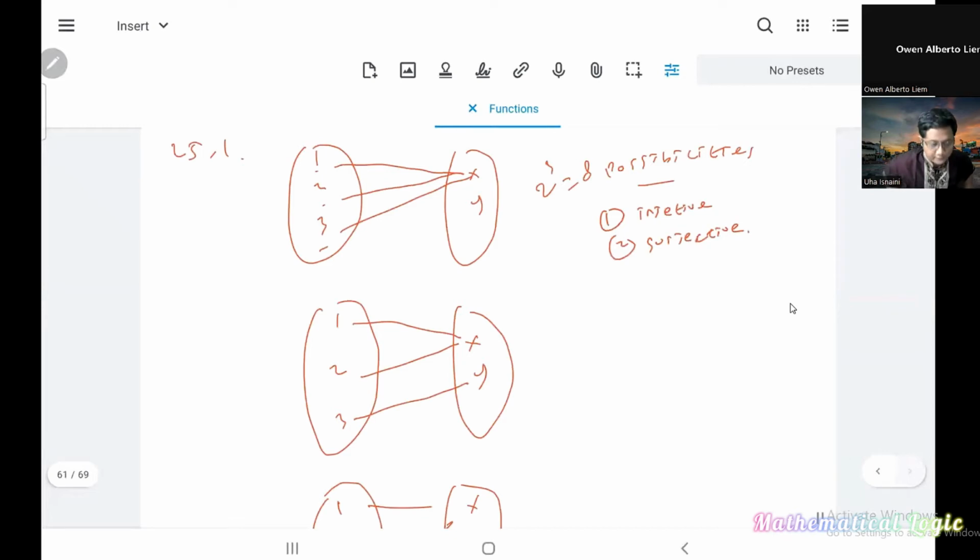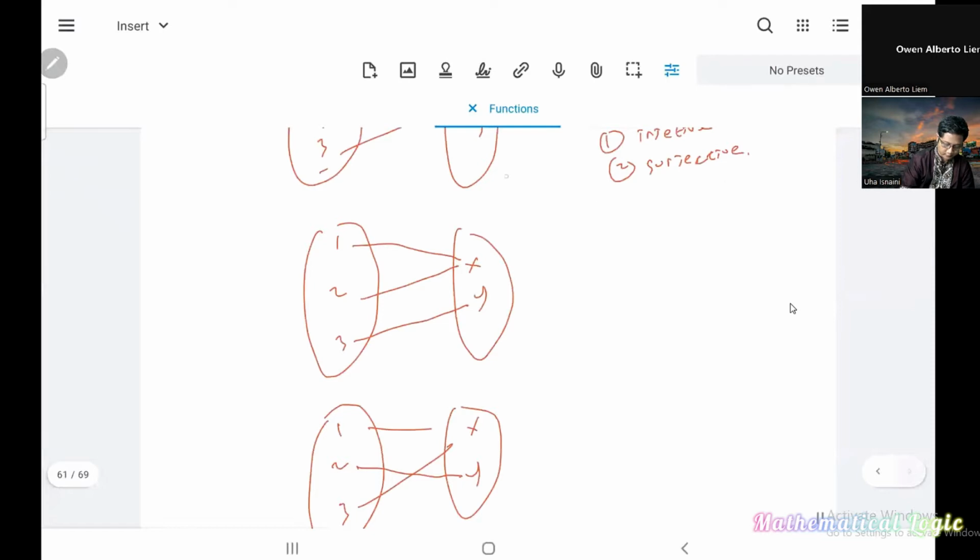So for the first function, is it injective? No. So not injective, and is it surjective? No, not at all. So it is neither, not both.